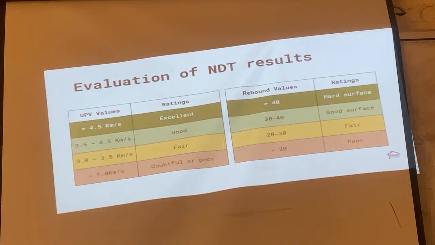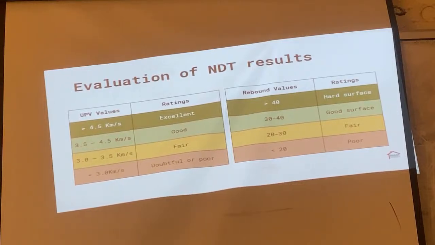So if we are testing a high-rise building and they say they are using grade 40 concrete, we already have a curve that shows that if we are getting this particular value, this indicates the concrete is good. If we are checking for grade 25 concrete, did you get what I'm saying?